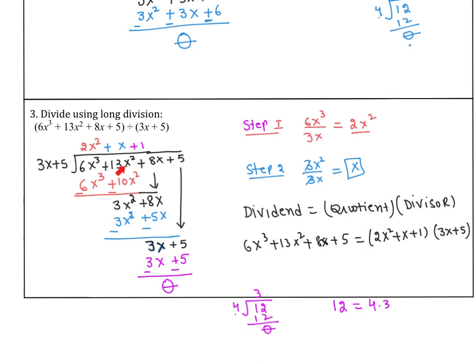Similarly, this dividend is divisible by this factor completely, so this dividend has two factors, quotient times divisor.